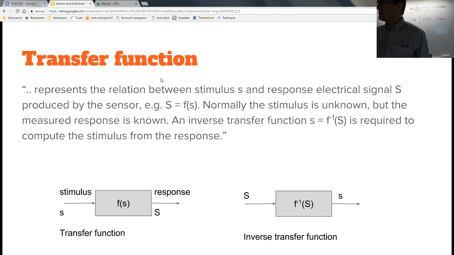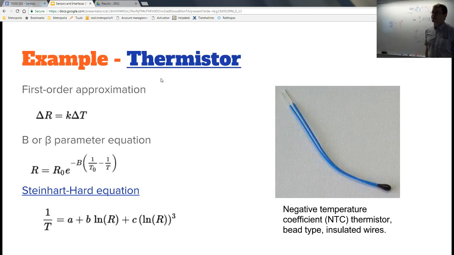So we are trying to figure out from the response what the stimulus is, not the other way around. So basically the inverse transfer function is the key to get to the data later on. And we will be coming back to this one in the calibration.